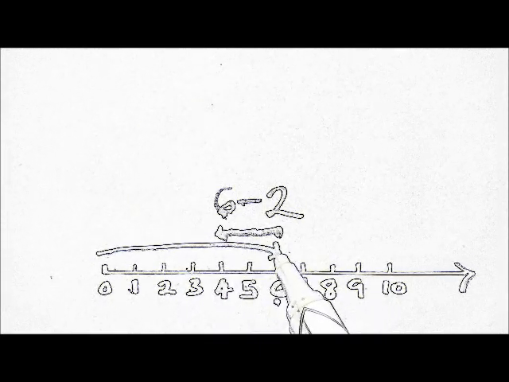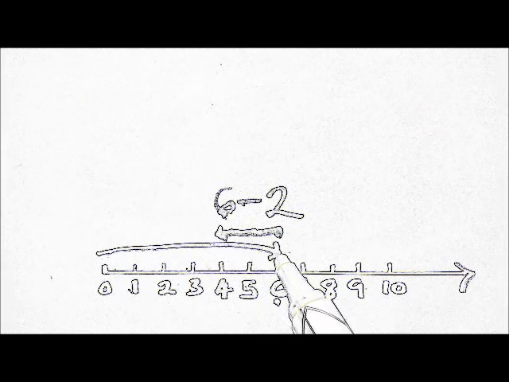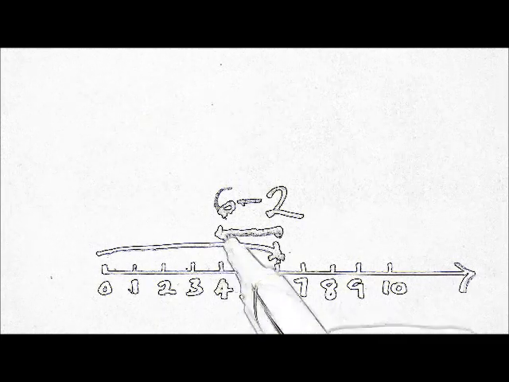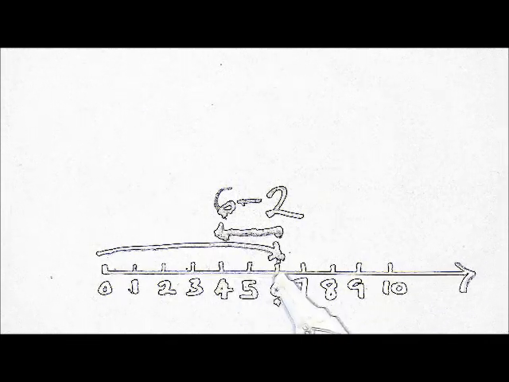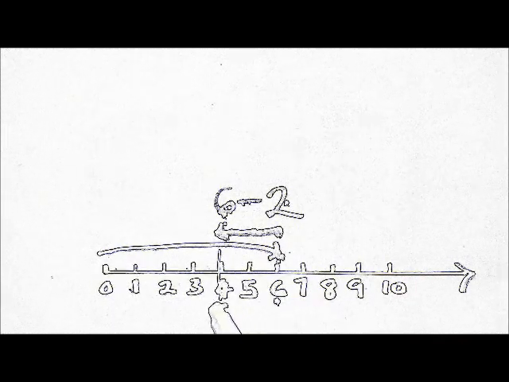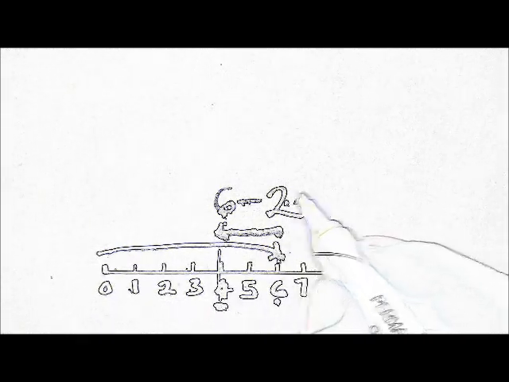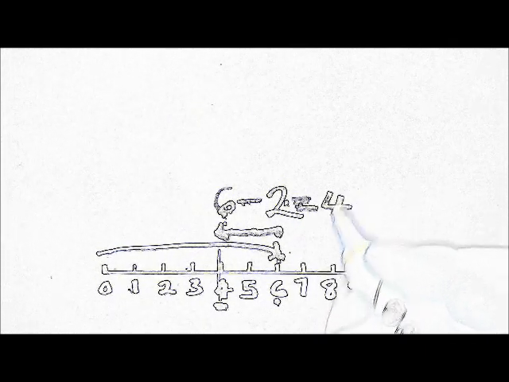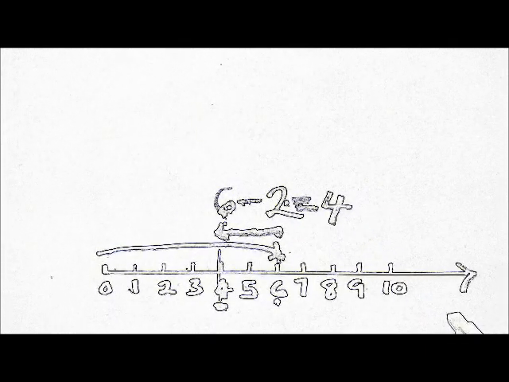So from where we ended at 6, we take 2 steps back, taking 6 as 0, 0, 1, 2. So that means 6 minus 2 is this value here, which is 4. So 6 minus 2 equals 4. And that is how you subtract using a number line.